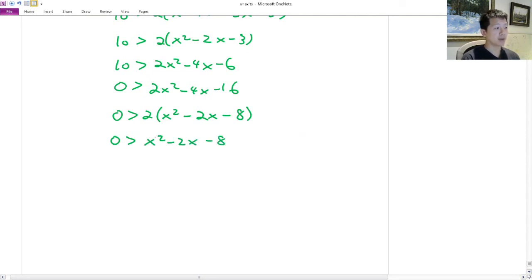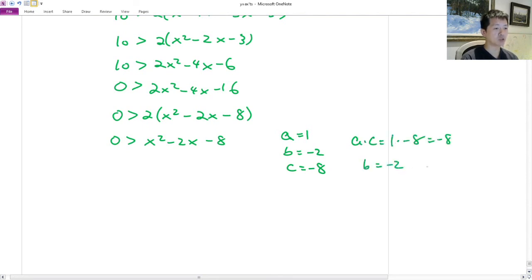Because my coefficient of x squared is 1, the answer that I found with the product and sum is directly my answer. A equals 1, B equals minus 2, C equals minus 8. And then A times C is equal to 1 times minus 8, which is minus 8.